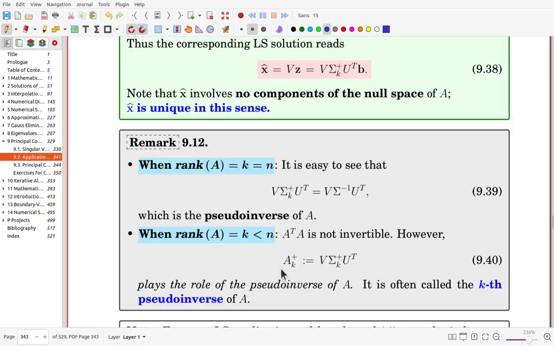However, this A k plus, if we define it this way, then that plays the role of the pseudo inverse of A. So it is often called the kth pseudo inverse of A. It is taking only K components, and so we say that it is the kth pseudo inverse of A.